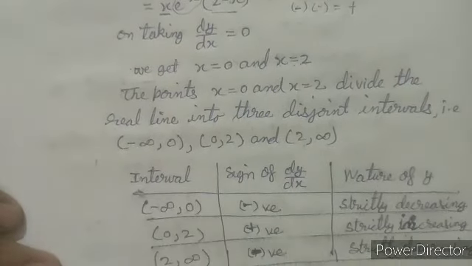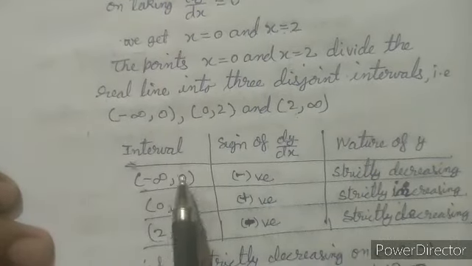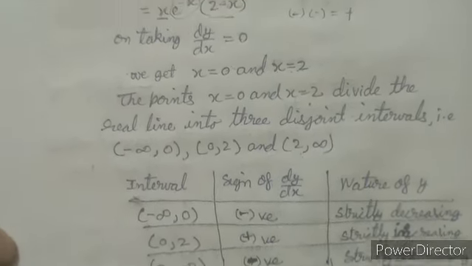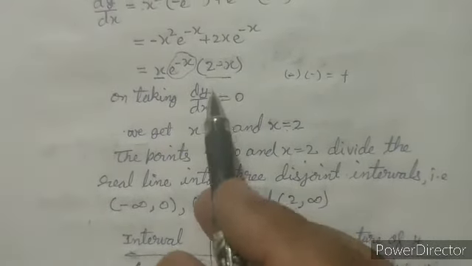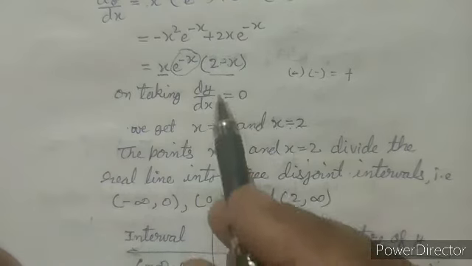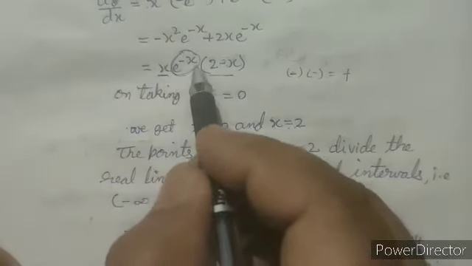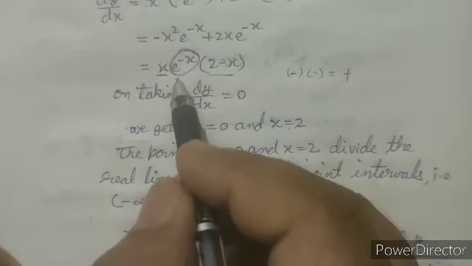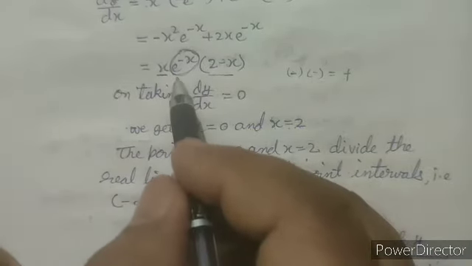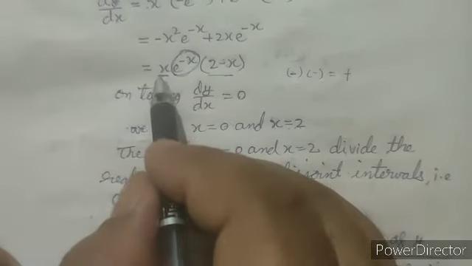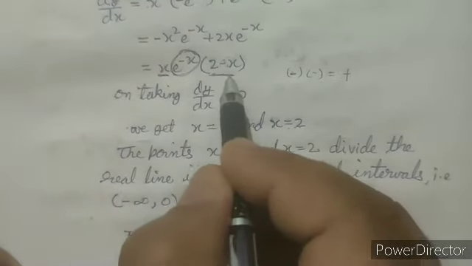Now, in interval minus infinity to 0, the sign of dy by dx. As we know, the exponential function is always positive. So, the sign of dy by dx will depend upon the sign of x and 2 minus x.